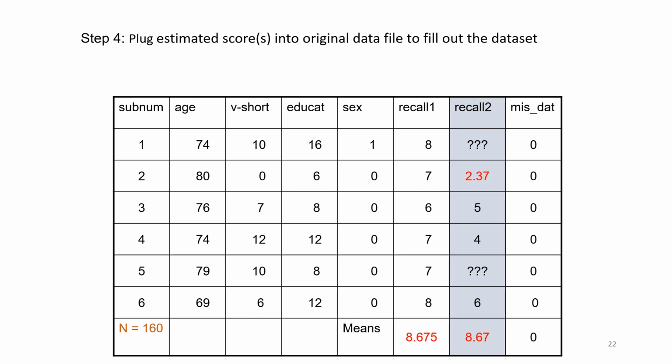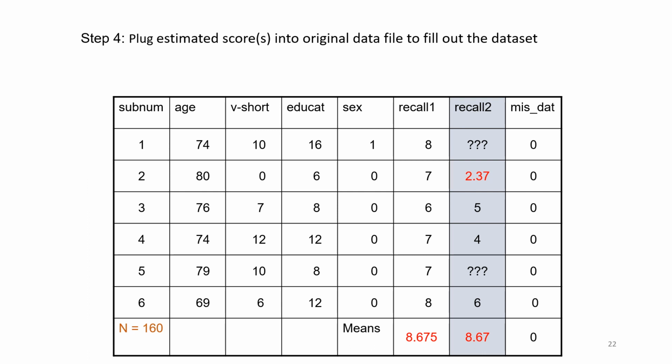So now that we have solved the regression equation, we have predicted the recall at time 2 score for participant 2. We can plug that value in, and we've then solved that one participant's predicted score.